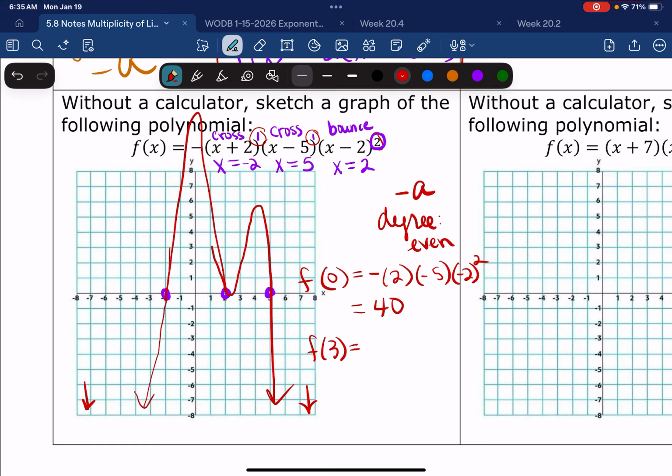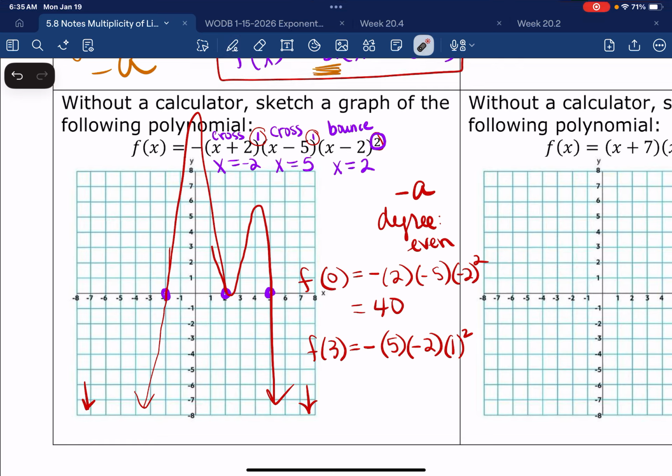Okay? So we start out with a negative, and then 3 plus 2 gives me 5. 3 minus 5 gives me a negative 2. And 3 minus 2 gives me 1. So 1 squared is our last little factor there. Okay, so we have negative 5 times 2 gives us positive 10.